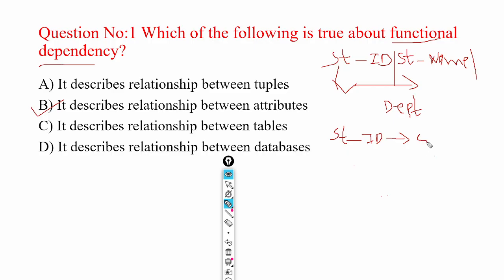Student ID determines student name. When the student ID always determines one value of the student name, this means using student ID, we can uniquely identify the student name. So whenever you know the student ID, we can easily identify the student name.